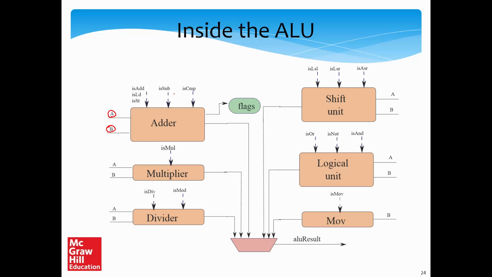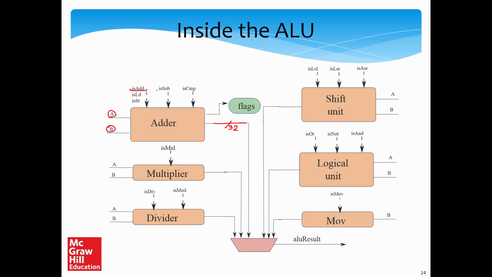Then we have a host of control signals generated by the control unit. If the signal isAdd is true, it means that an addition needs to be performed. We do the addition and the output comes via this wire, which again contains 32 bits. It's not a single wire.